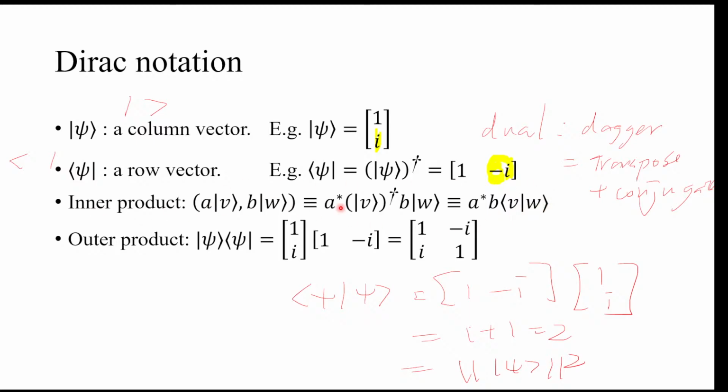There is also a complex conjugation with respect to the first vector; you see you have a star here. So when you take the inner product of a complex vector with itself, it becomes its norm squared, which is a positive number. For example, psi inner product with psi here. And there is also the outer product, which is a ket vector times a bra vector, and it becomes a matrix.